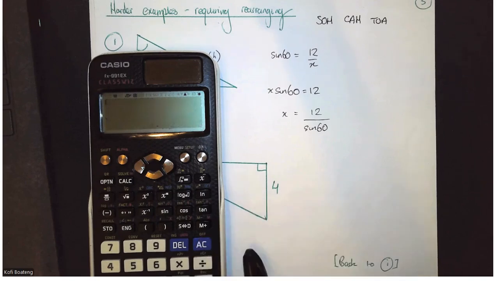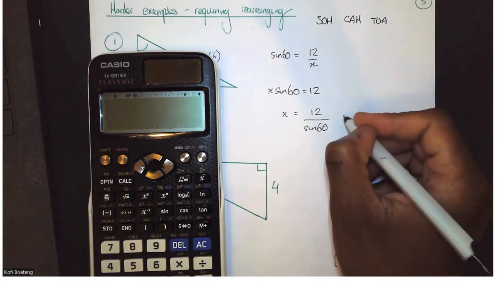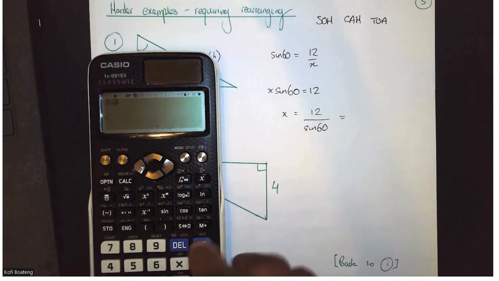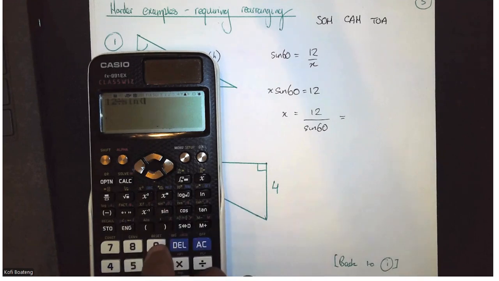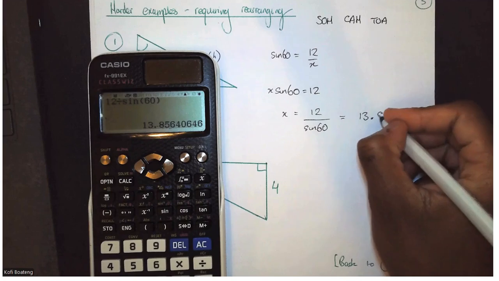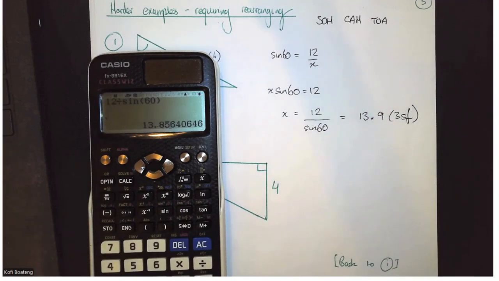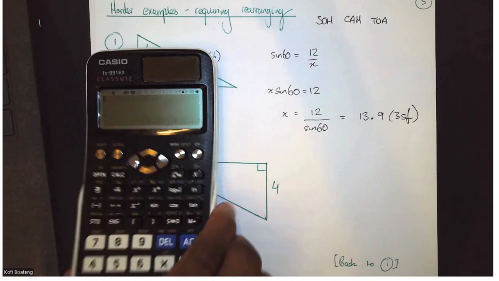So now I will do the correct rearranging, which is this, and you know that your x value is divided by sine of 60, which is your 13.9 to 3SF that you were looking for. Okay, so it's a very important and useful tool to know this trick in order to verify your answers. Let's try the next question.